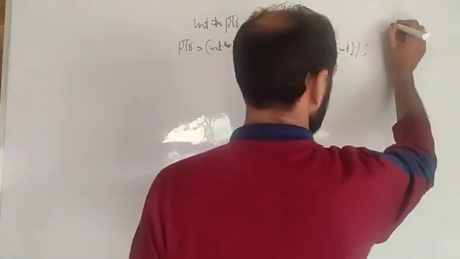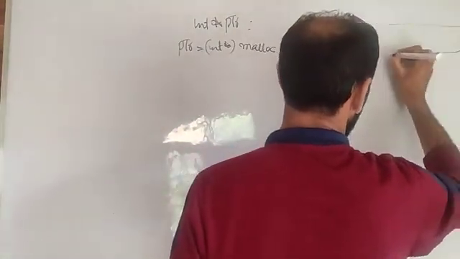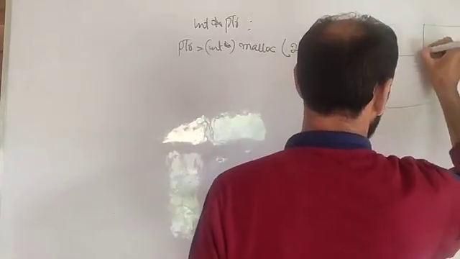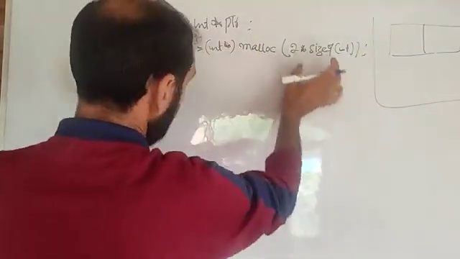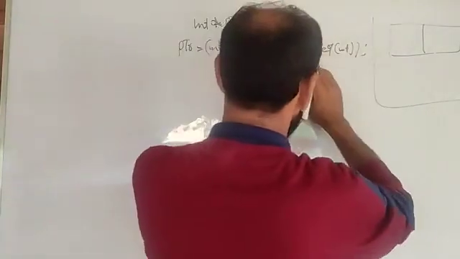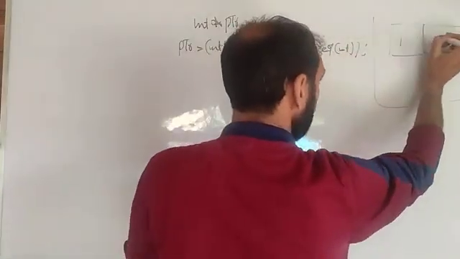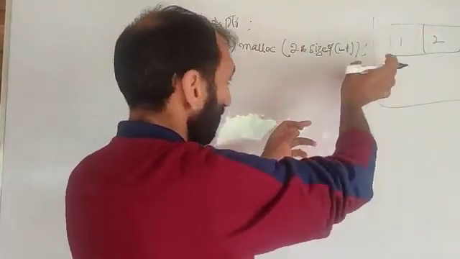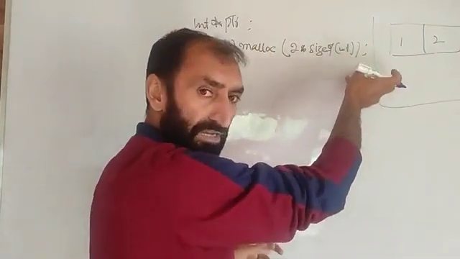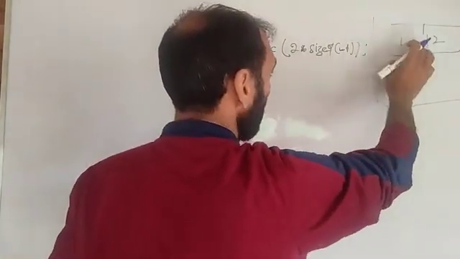For example, suppose this is our heap portion, and by using this line, dynamic memory is allocated for two integers, 1 and 2.